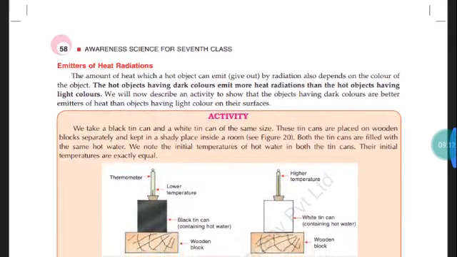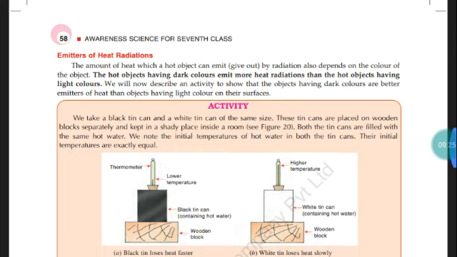Based on that, there are emitters. Emitters means objects which give out radiation are known as emitters. The hot objects having dark color emit more radiation than the hot objects having light color.